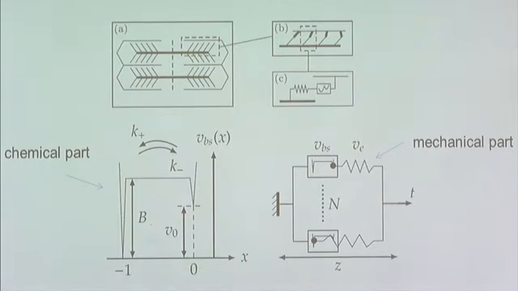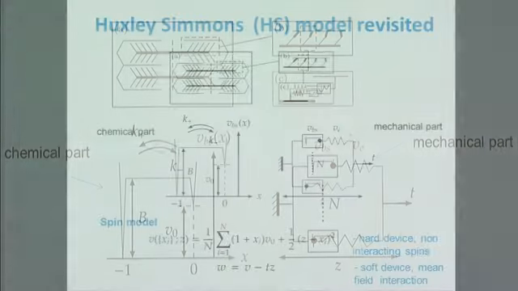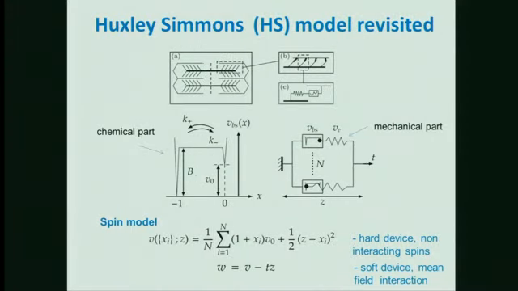However, you also have to produce force, so there must be a continuous variable here as well. In this way, they coupled this chemical reaction with the mechanical part, and when the spring is stretched, it affects the structure of this potential. So it's very similar to Bell's model for adhesive clusters.